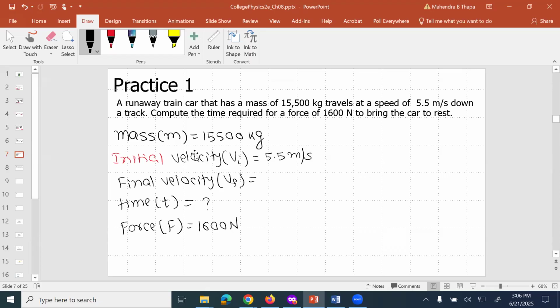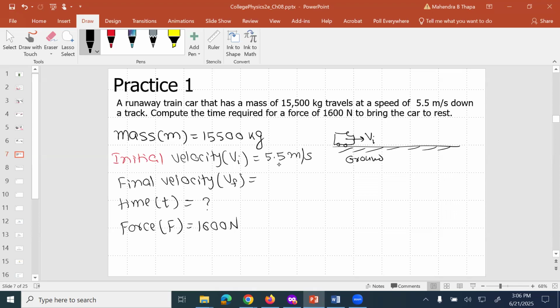Here, the car has a mass. Initial velocity is 5.5. You can draw a sketch like that. Say this is the ground level. Initially the car is here with initial velocity Vi.